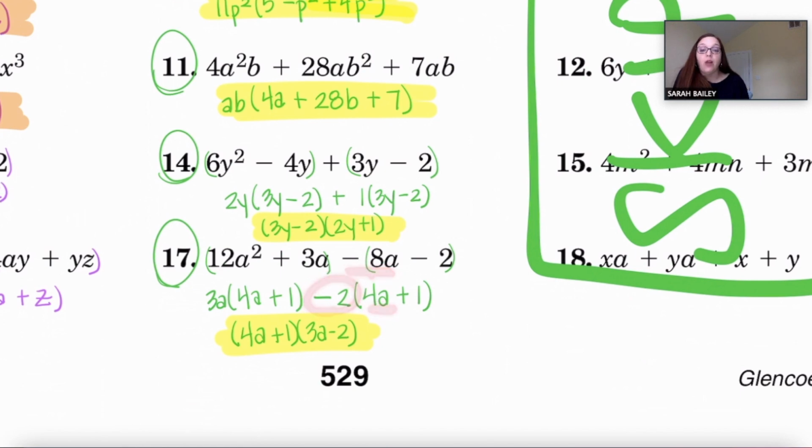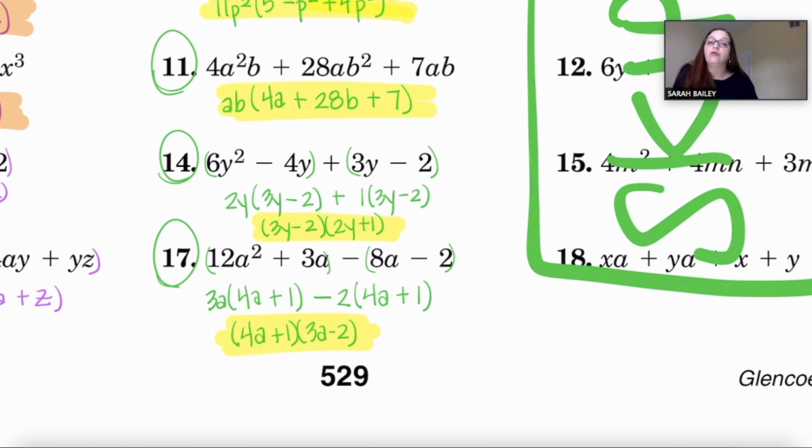So you probably got the 4a right, but right here you might have the wrong sign. If I do negative 2 times positive 1, that gives me a negative 2. So this should be a plus 1 right here, not a minus 1. And since it's a plus 1, then you can factor out the 4a plus 1, leaving you with the 3a minus 2. Okay? If you've got questions or need more clarification, certainly see me.